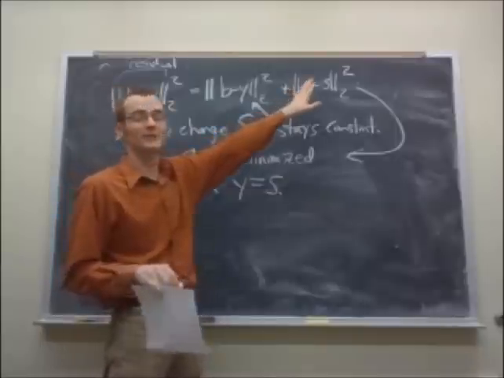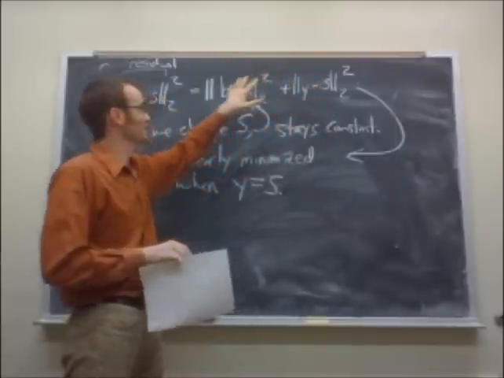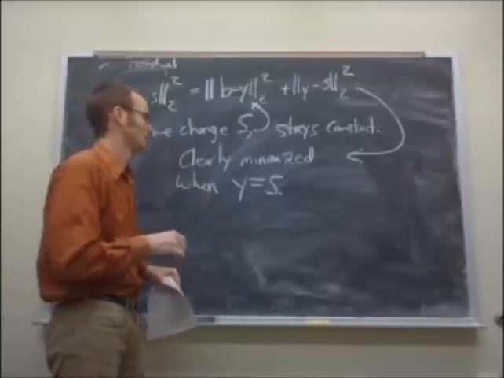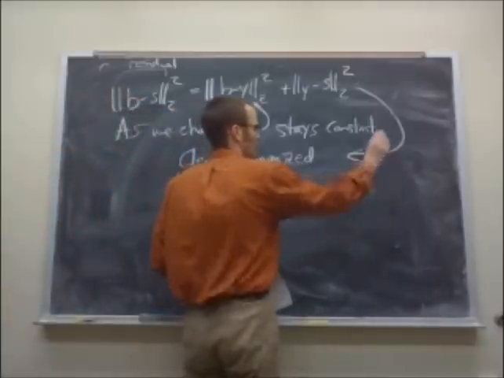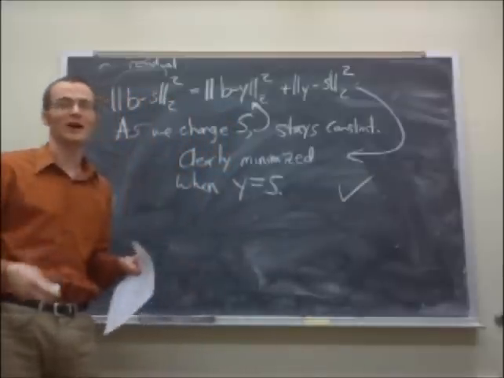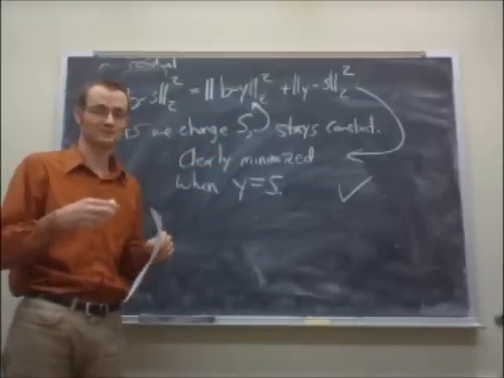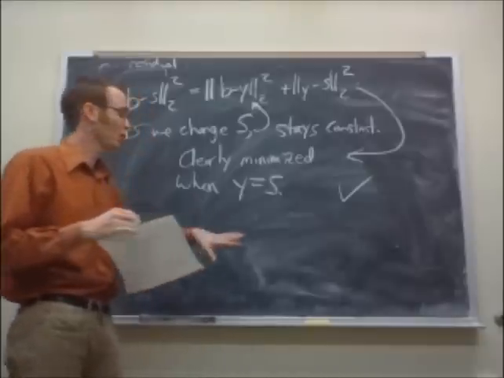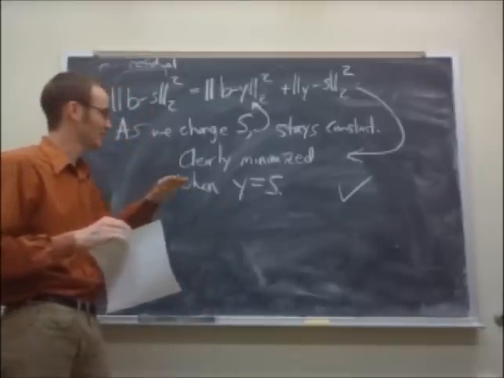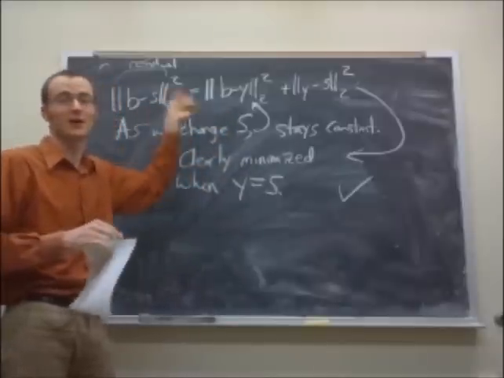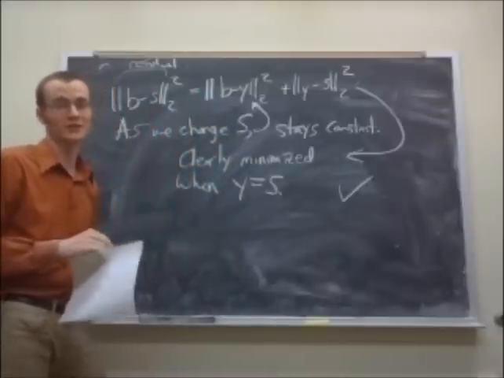And so this is going to be 0, and that's obviously going to give us the minimum. And remember, we defined y to be the orthogonal projection of b, and the orthogonal projection is what gives us this to be the smallest, so we're done. That's what we wanted to show.